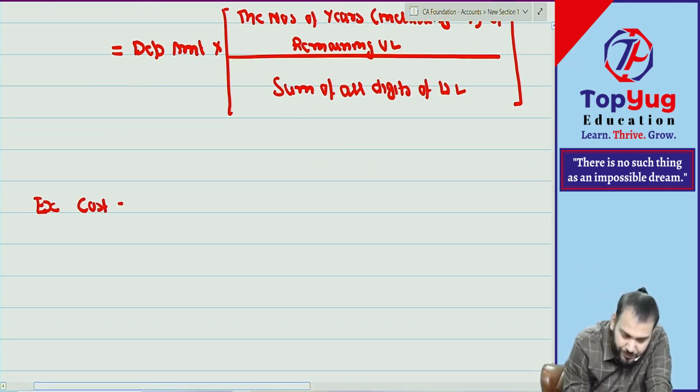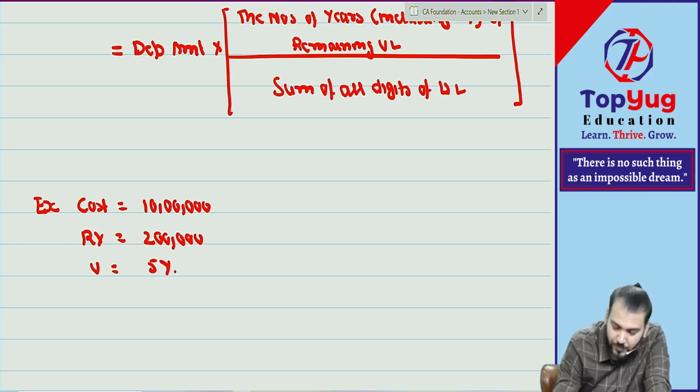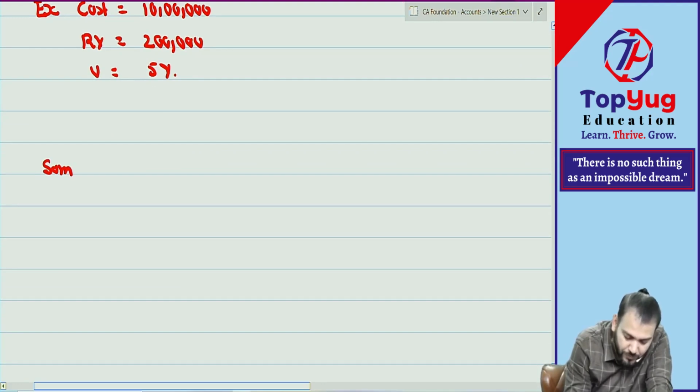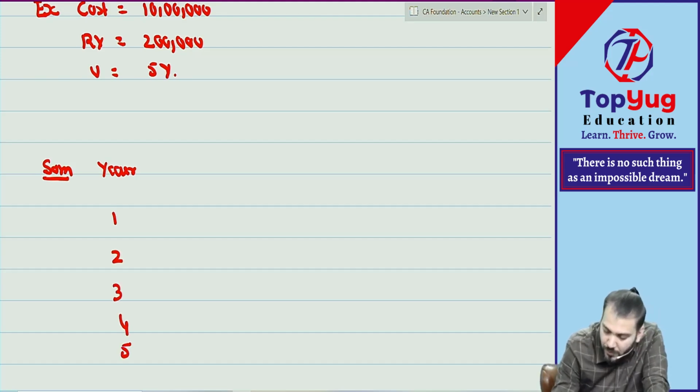Cost price is equal to 10 lakh. Residual value is equal to 2 lakh. Useful life is equal to 5 years. Solution. Year 1, 2, 3, 4, 5.